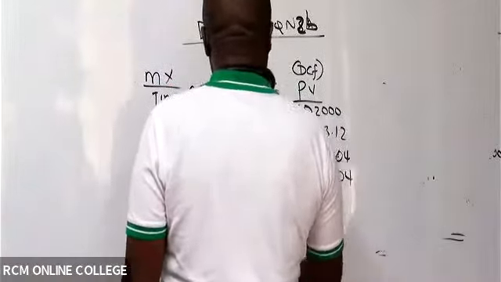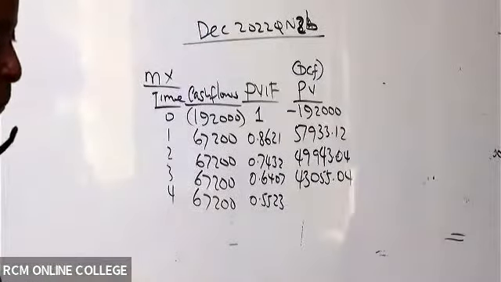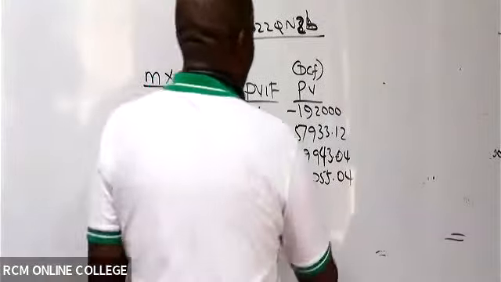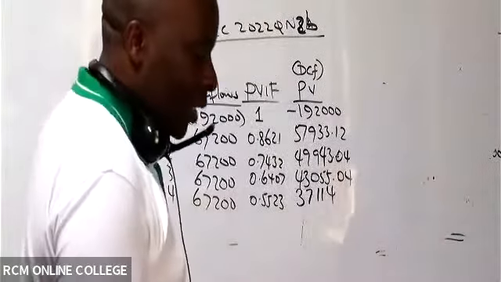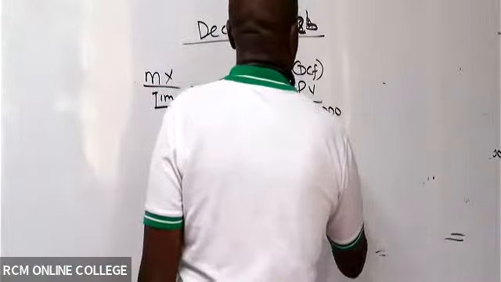And then now we have the last one, which will be this times that: 37,114.56.